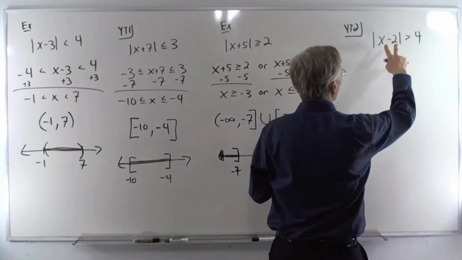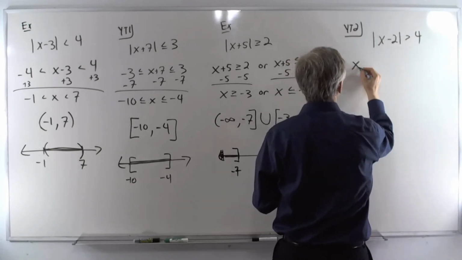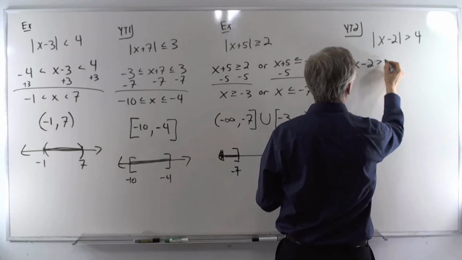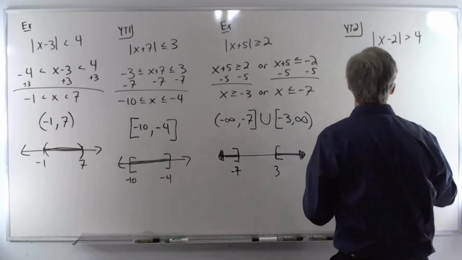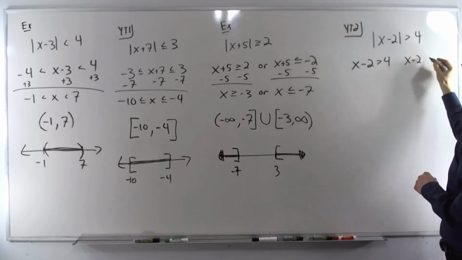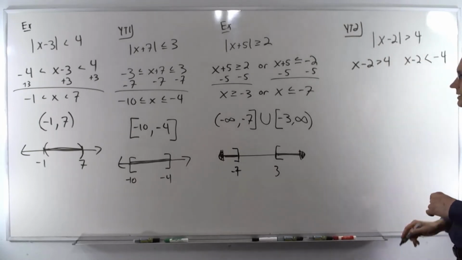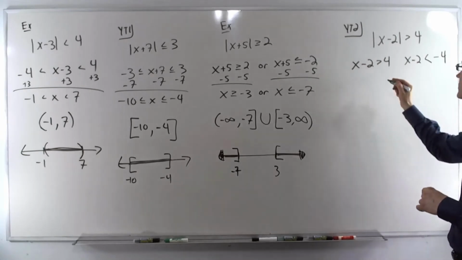All right, we got absolute value greater than the number, so this is an OR inequality. So do x minus 2 is greater than 4. And then the other equation will be x minus 2, switch the sign and make the number the opposite. All right, we'll solve these.